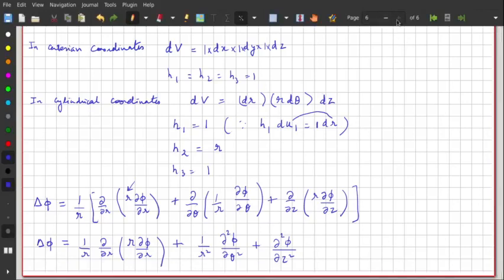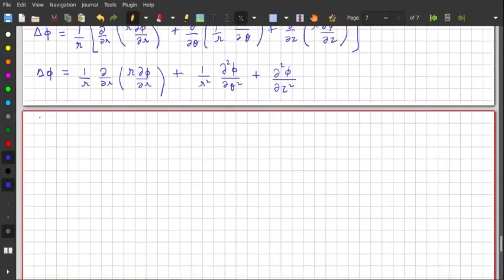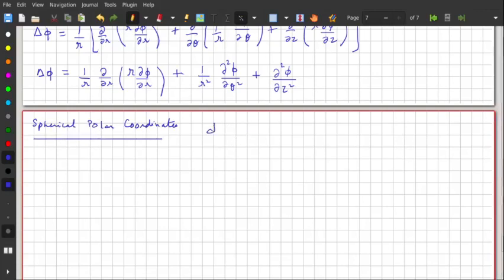Similarly, we can write it for spherical polar coordinates. Let us do that. In spherical polar coordinates, let's identify what the volume element was. If you recall, the volume element dV was dr into r dθ into r sinθ dφ, where this was the azimuthal term, this was the zenith term, and this was the radial term.